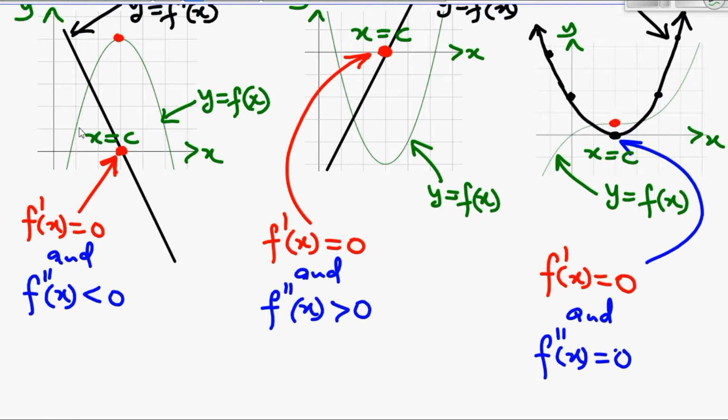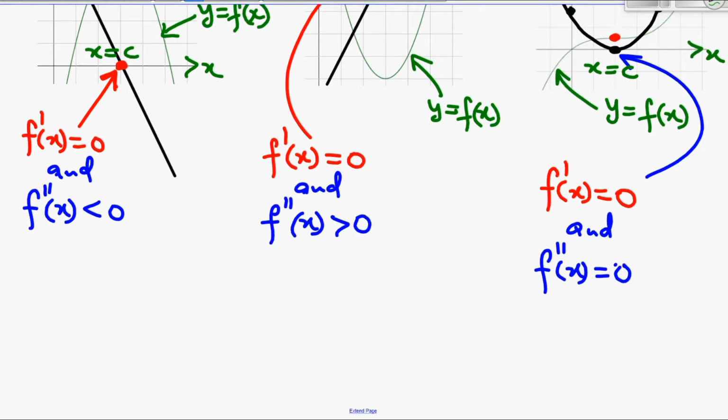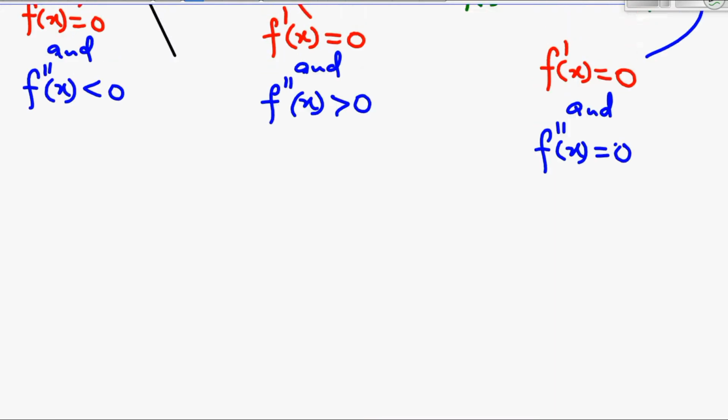So at these points where x is equal to c, suppose x is equal to c is a critical point on the graph of y is equal to f of x. In the first case, on the first graph on the left, if the slope is equal to 0, as you saw, and the second derivative is less than 0, then we have a minimum point at x is equal to c. So I'm just going to generalize that point below here.